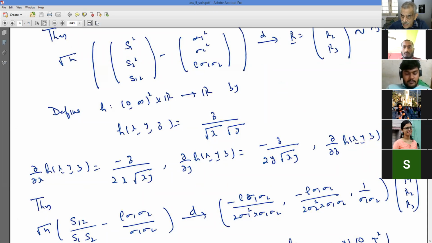The derivative with respect to the third component at this point is 1 upon the square root of sigma 1 square sigma 2 square, which is 1 upon sigma 1 sigma 2, multiplied by R1, R2, R3.